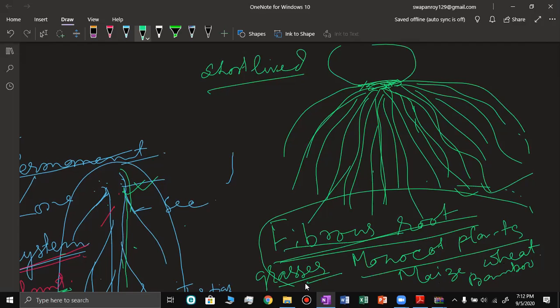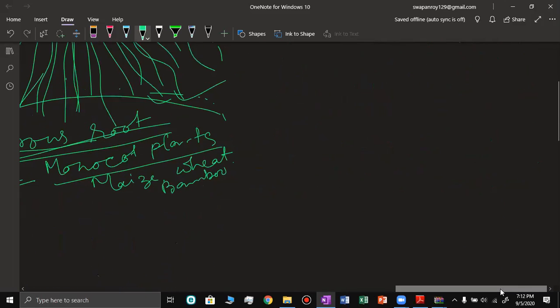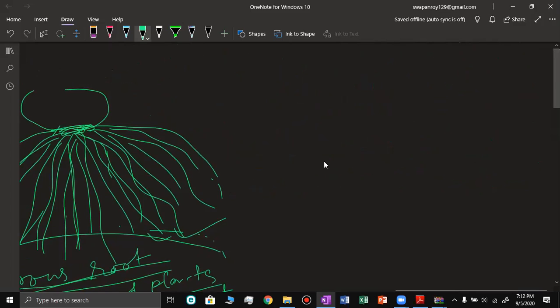Another type of root system you can see in some plants, which is of course not limited to dicot or monocot. This is found in any group of plants, whether dicot or monocot.